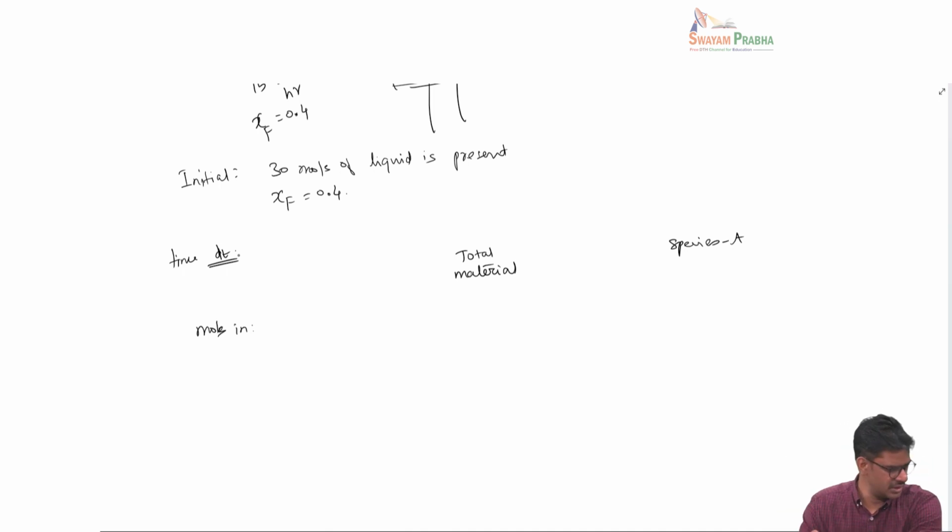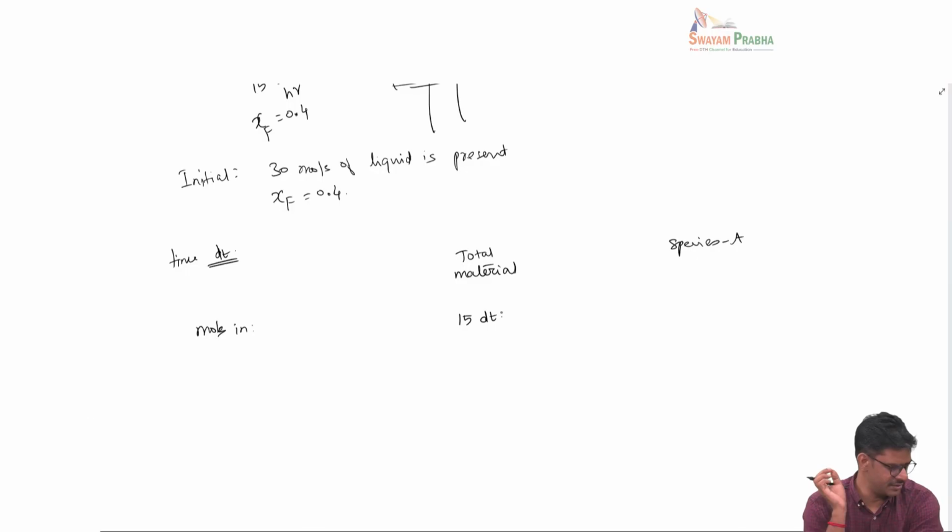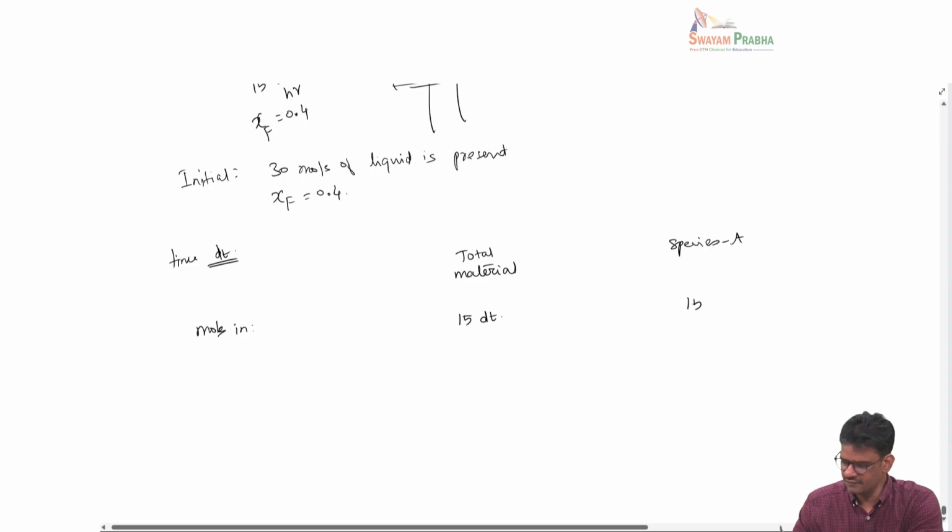So that would be 15 dt. 15 moles per hour of charge is fed to the distillation column. So 15 times dt would be the total moles over that period of time delta t. For species A, this would be 15 times xF dt, and we know xF is 0.4. So this is 15 times 0.4 dt, which is nothing but 6 dt.